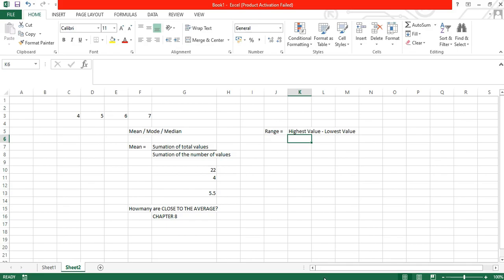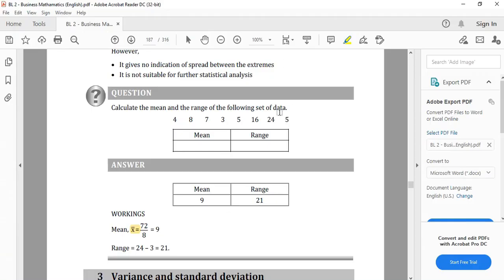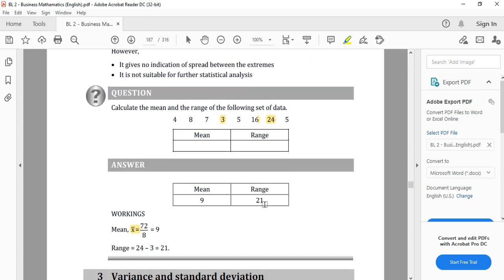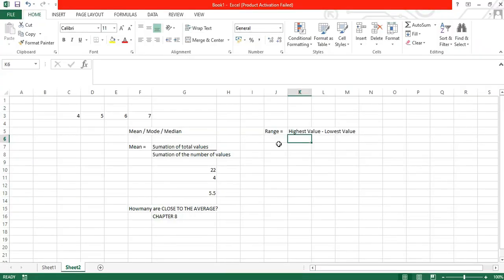The highest value in this case is 24 and the least value is 3. So 24 minus 3, 21, is considered the range, in which we can identify a spread around the average. So it's basically 24 minus 3.